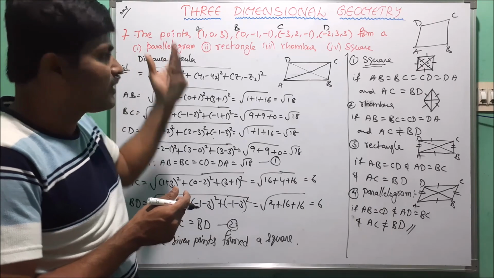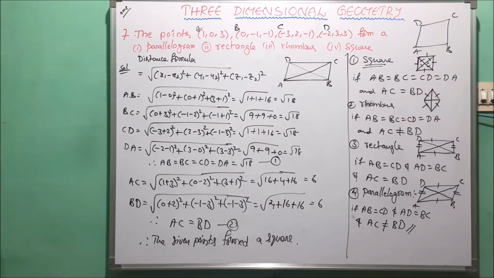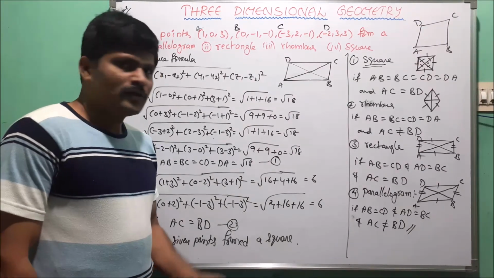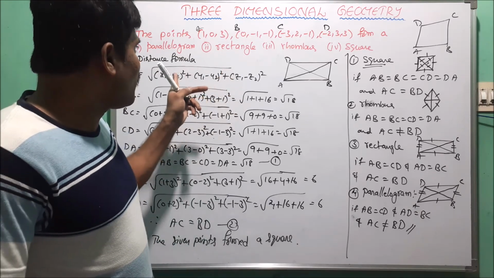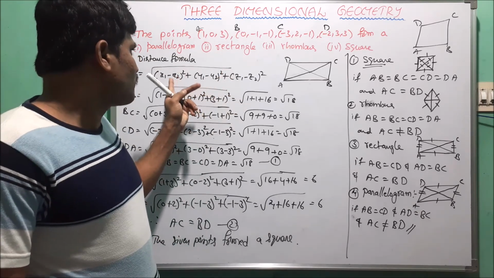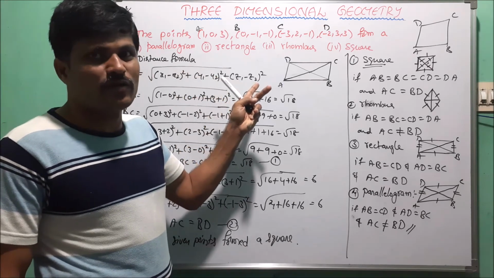Similarly, verify the remaining problems also. So these are the important problems depending on the distance formula, square root of x1 minus x2 whole square plus y1 minus y2 whole square plus z1 minus z2 whole square.